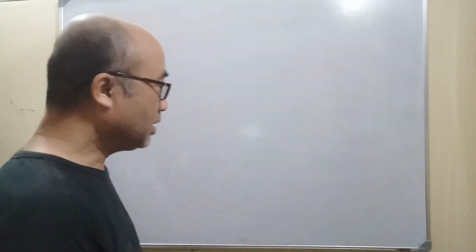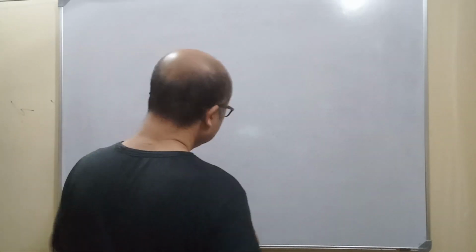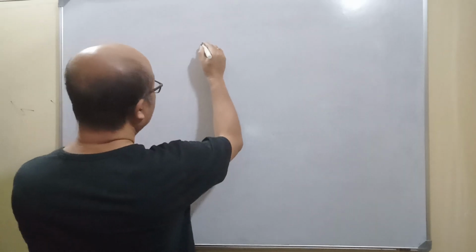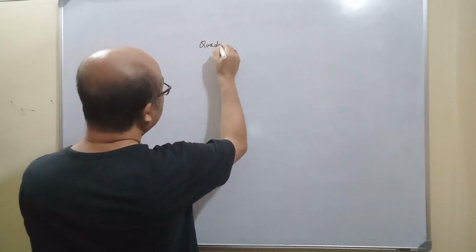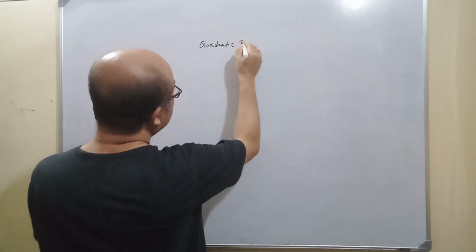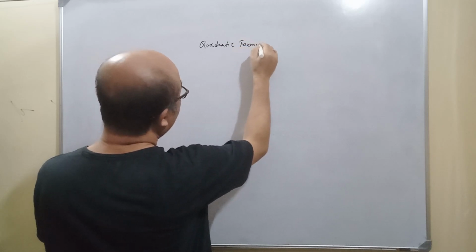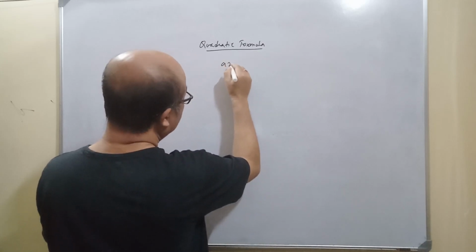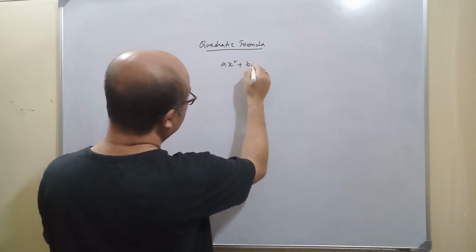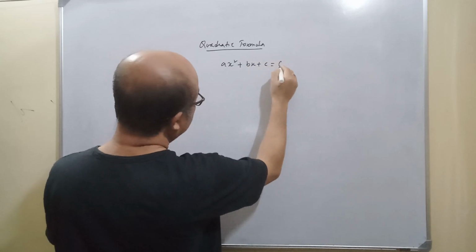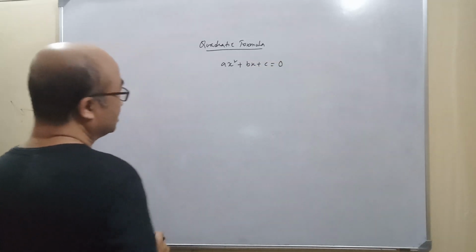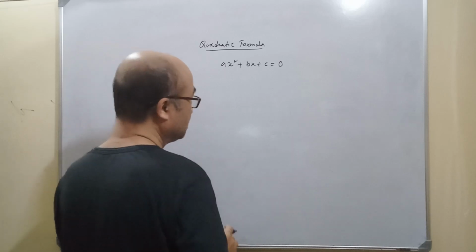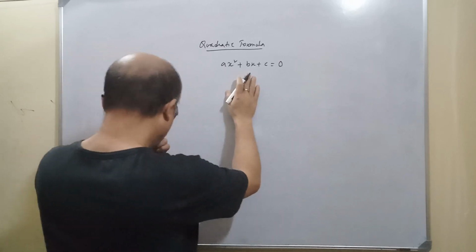And lastly, we have the quadratic formula. Another method to solve a quadratic equation, and in my opinion, it is the easiest one. So, what is this quadratic formula? Let us see. So, this is the standard form of a quadratic equation in one variable x.